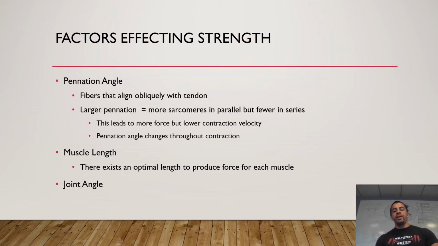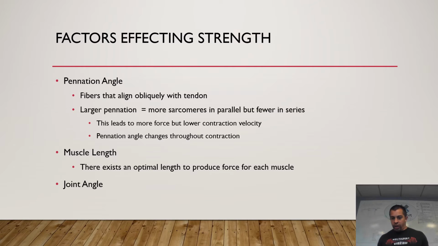All right. So there exists a theoretical optimal length to produce force for each muscle, and this varies for each muscle, but the simplest way to describe this is if you remember our conversation about muscular shortening and sliding filament theory, where we have our actin and our myosin overlap, and then as we go through that power stroke, they pull together and they shorten, right?